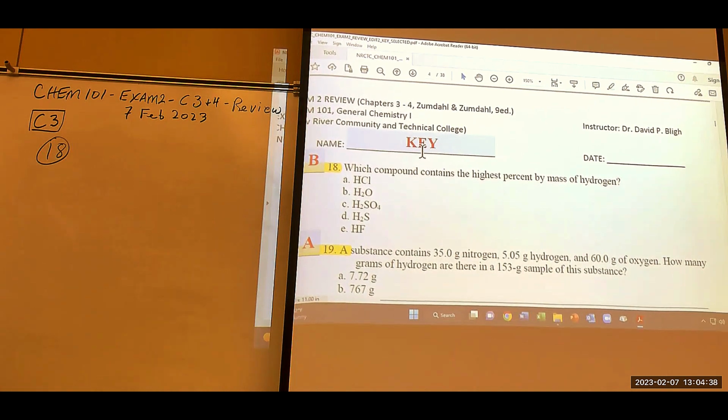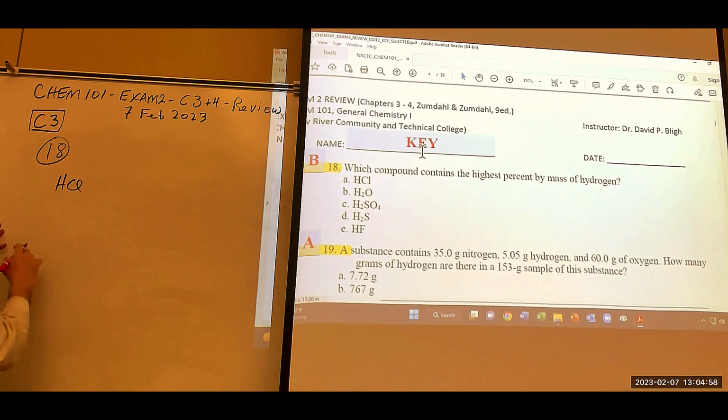Which one has the highest percentage by mass of hydrogen? In order to do this, you would use that method to convert. We'll just do one of them.